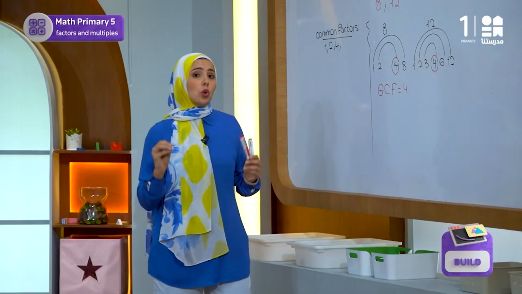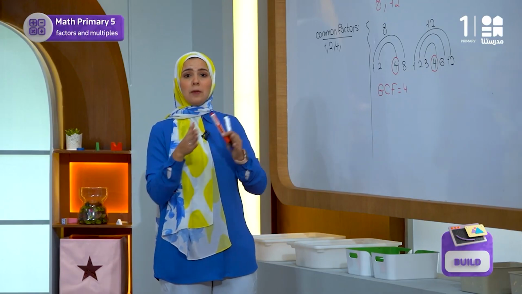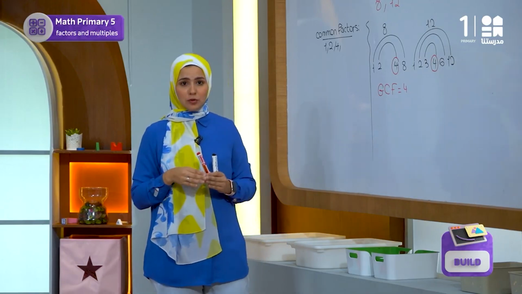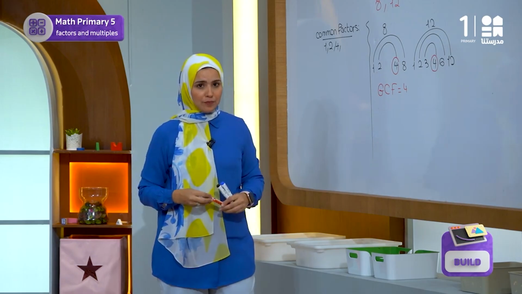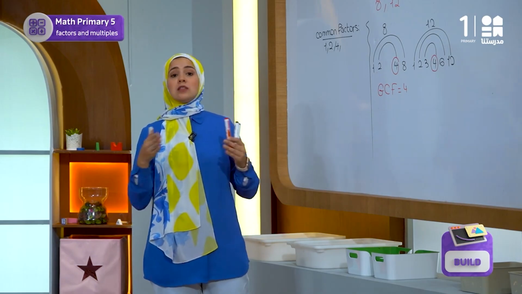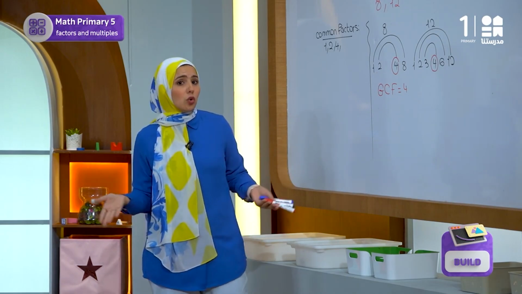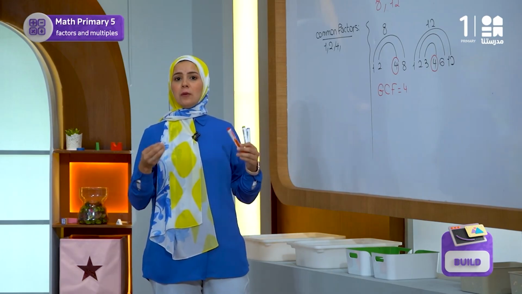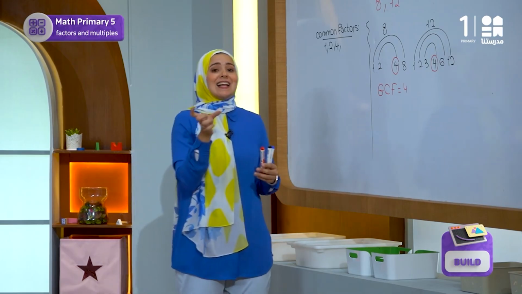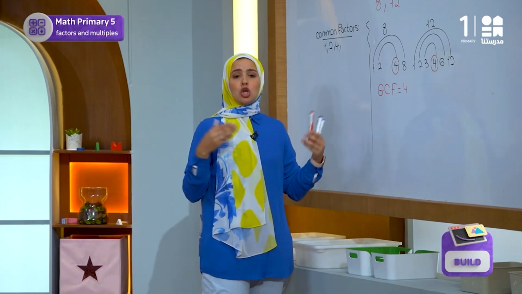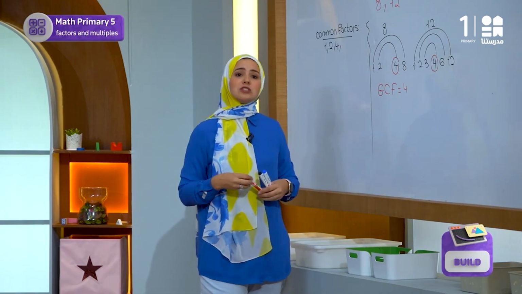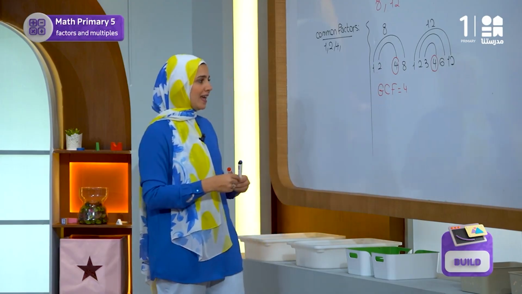At this point, we also want to find the least common multiple of the same numbers, 8 and 12. So we will find the multiples of each number as always to identify the common multiples, and then we select the least common multiple. We will write the multiples of the first number, which is 8.